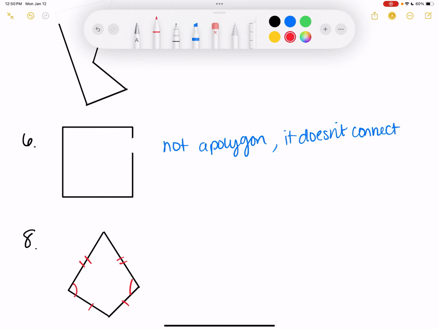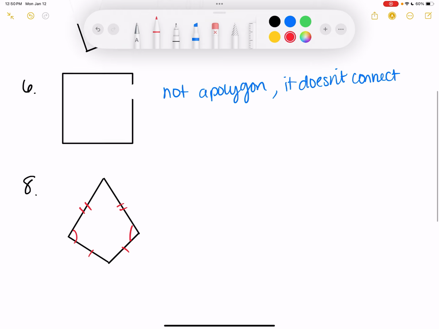All right, so would this one be equilateral, equiangular, regular, or none of the above? Yep, none of the above. Because while we have 4 sides that are congruent, only 2 are congruent to each other, and then we only know about 1 of the sets of angles.